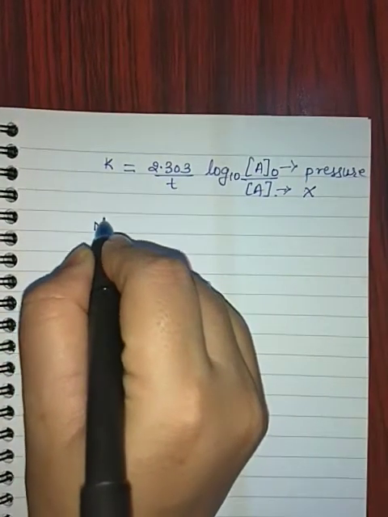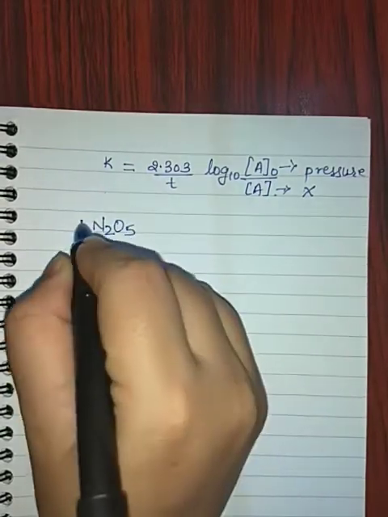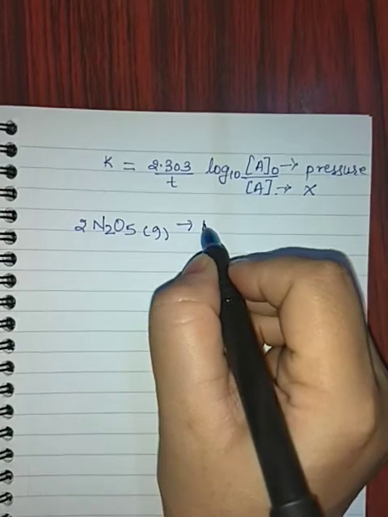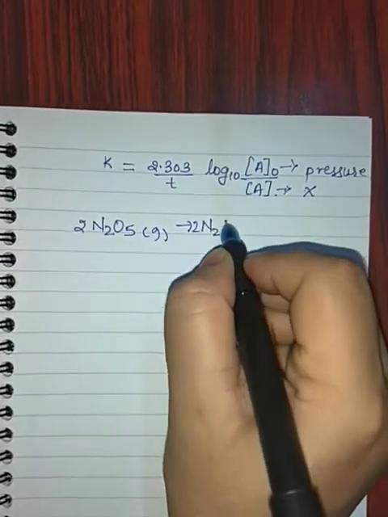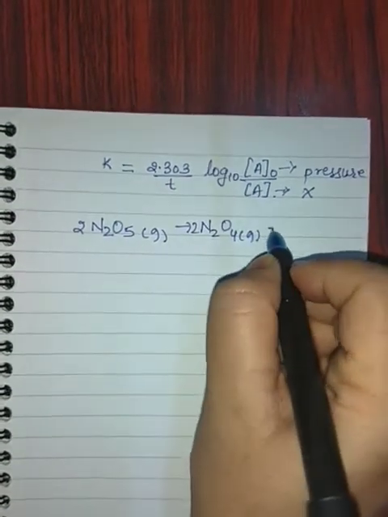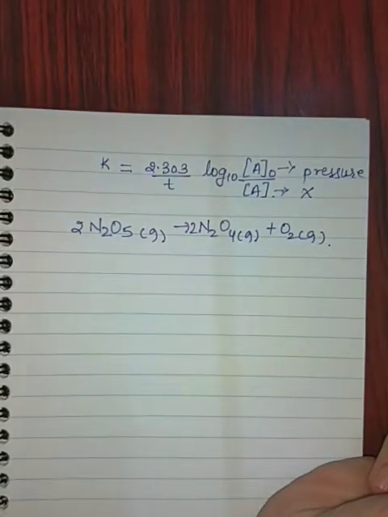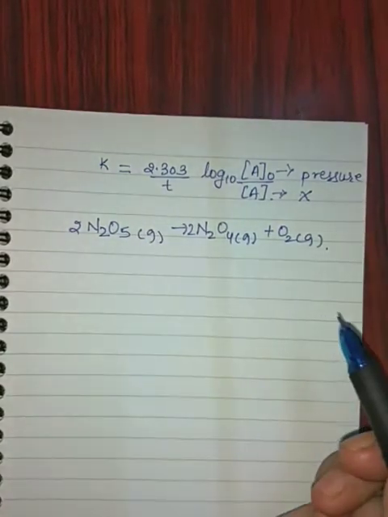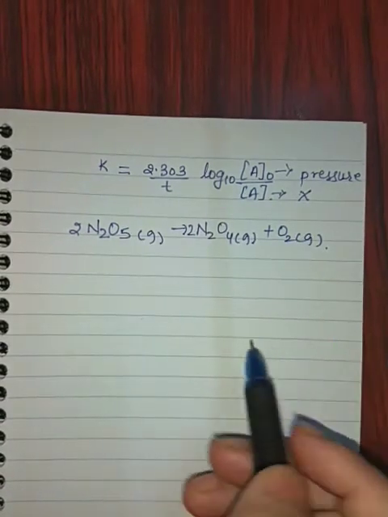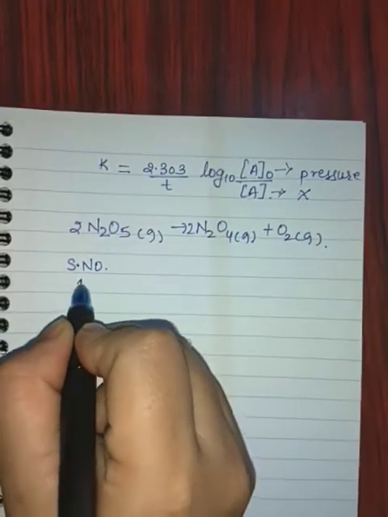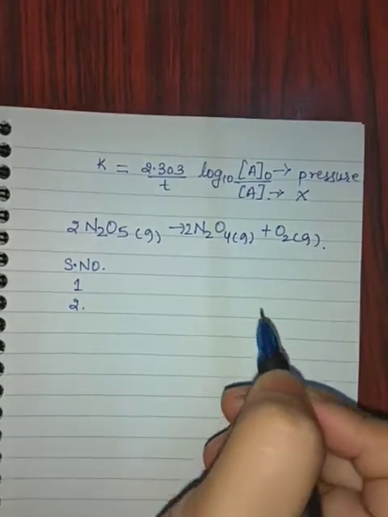Thermal decomposition of N2O5 is given to you. So 2N2O5 gas gives you 2N2O4 gas plus O2 gas. This is a thermal decomposition reaction of dinitrogen pentoxide. A table is given to you where they have given you the information.